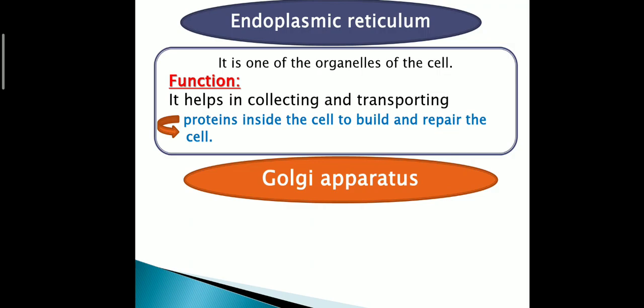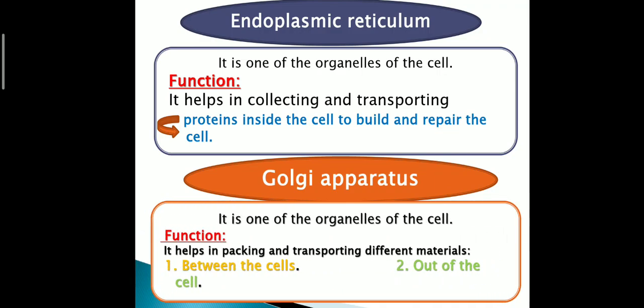After that, we will talk about the Golgi apparatus. The Golgi apparatus is like a van or like a sack. We can put different materials in a sack. The Golgi apparatus is one of the organelles of the cell, and it is like a sack because it helps in packing and transporting different materials.